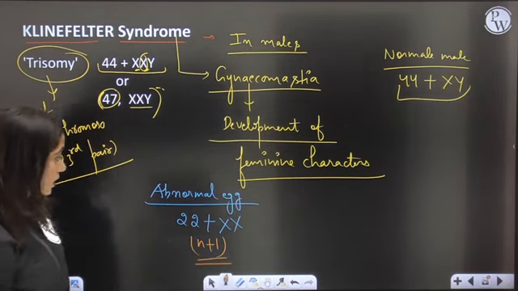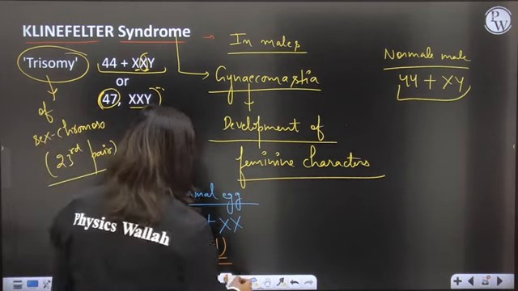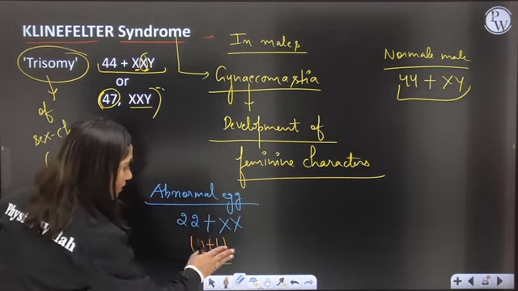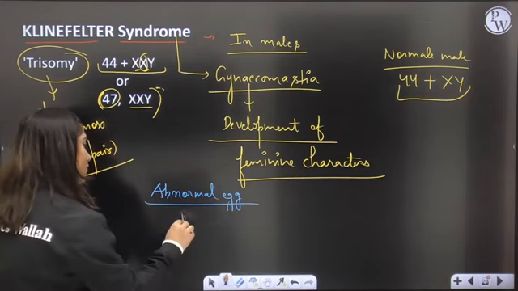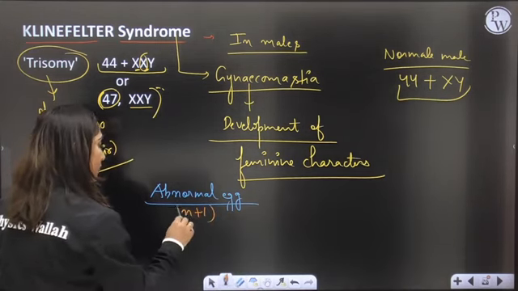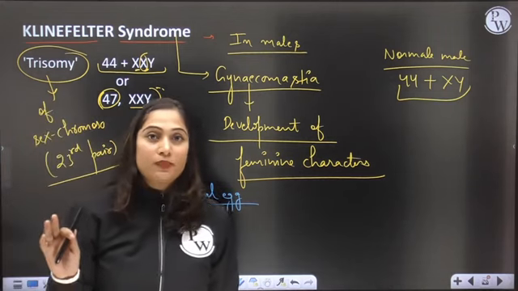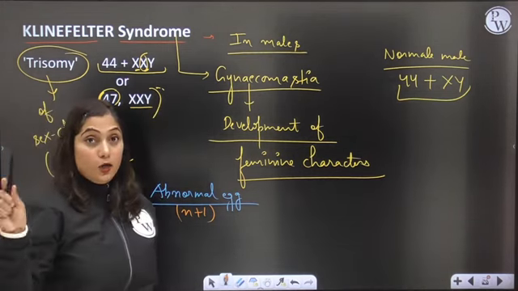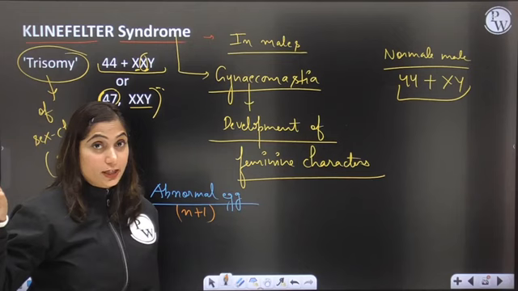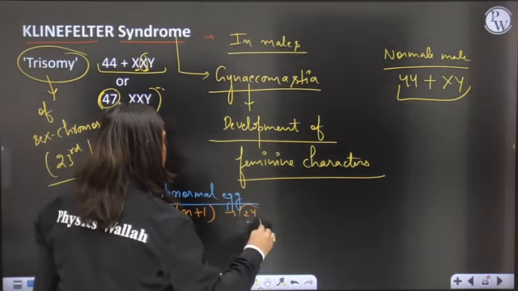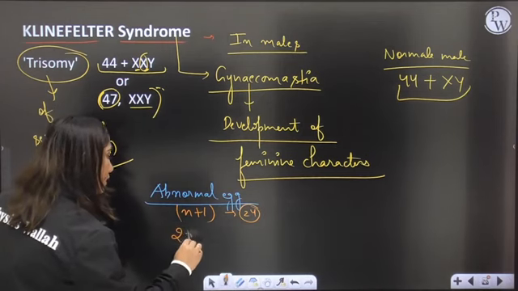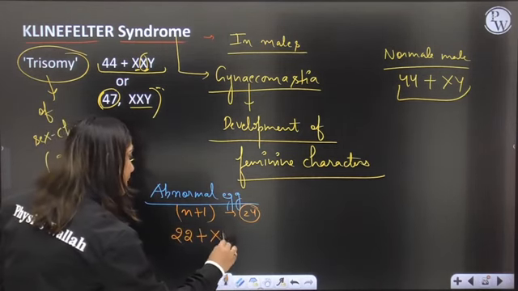A normal egg has 23 chromosomes, but an abnormal egg would have 24 chromosomes, and that would be 22 plus XX.